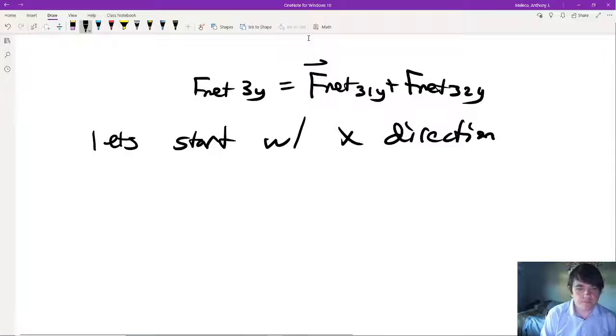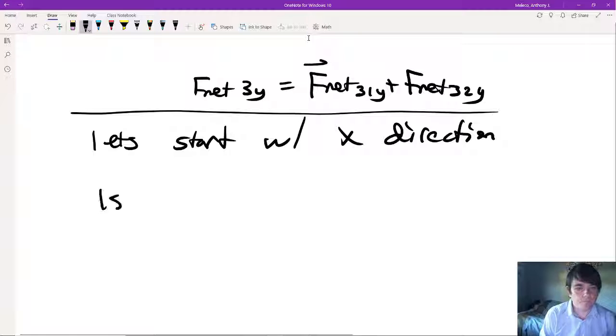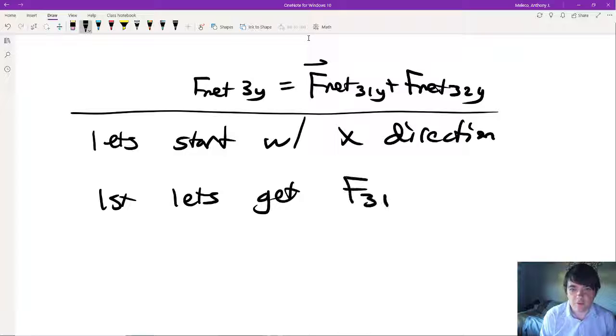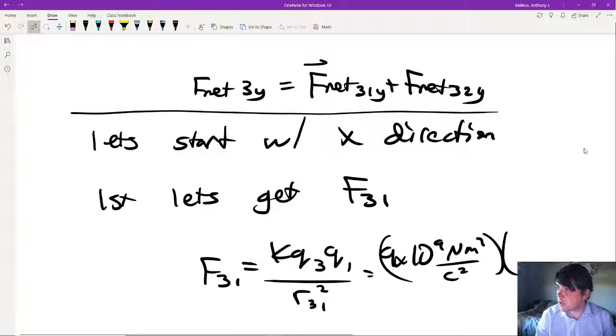So let's first get F31. So F31 equals k Q3 Q1 over R31 squared. 9 times 10 to the 9th newton meter squared per coulomb squared, times our charges, which will be 6.5 times 10 to the minus 5 coulomb.